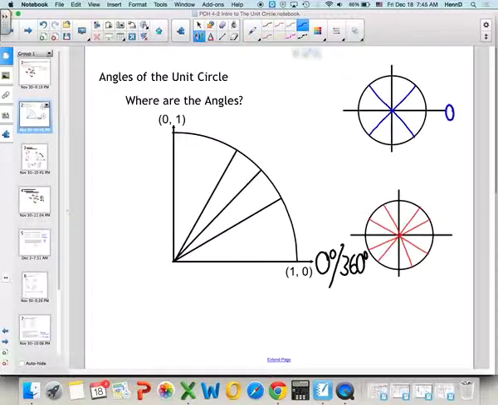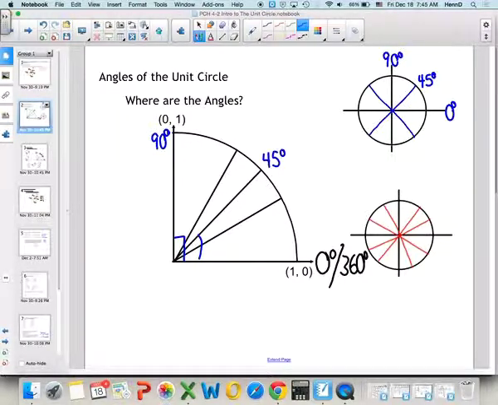For this one, basically we're counting by 45-degree angles. So this angle right here is 45, which on this larger one, here's the 45-degree angle. Then we go up here to 90 degrees, which corresponds to the angle that makes this point (0, 1). There's 90 degrees.